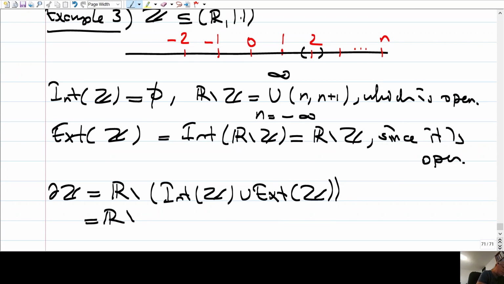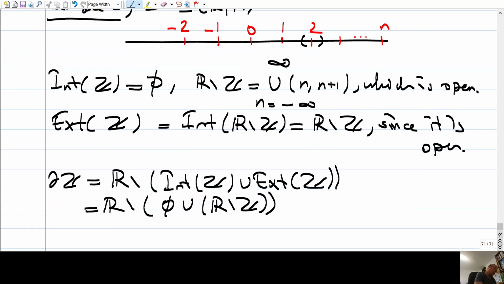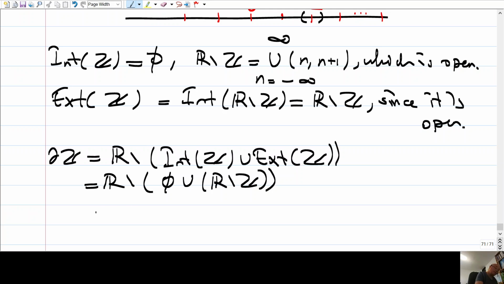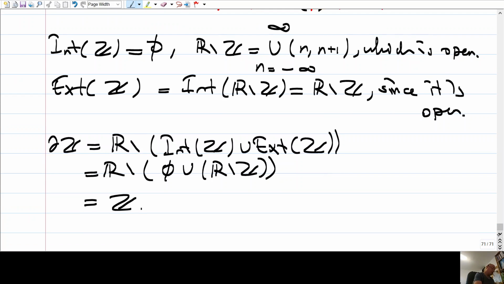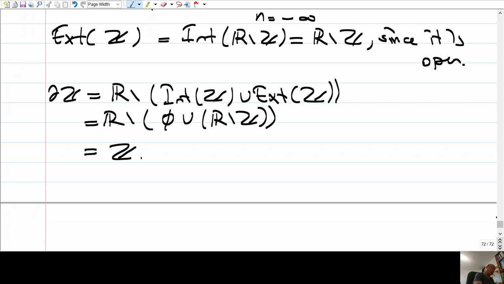So the interior is empty, the exterior is R minus Z, so I have R minus (R minus Z). Well, this is just Z. So the boundary of the set of integers is the set of integers itself. Okay, in this case, we get something weird.